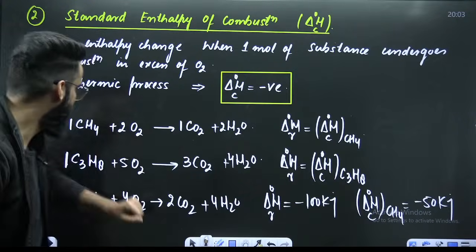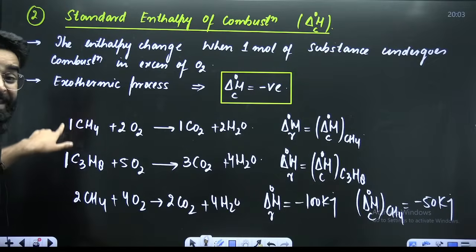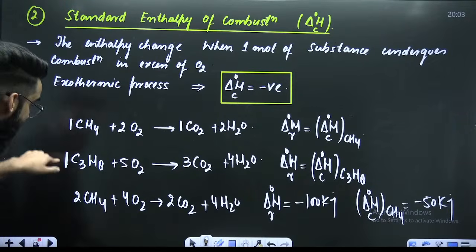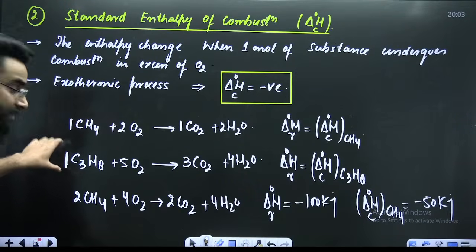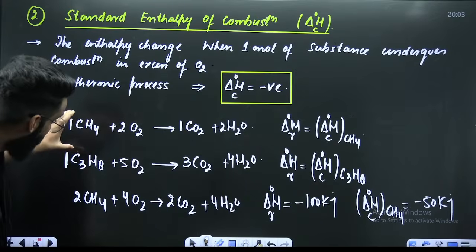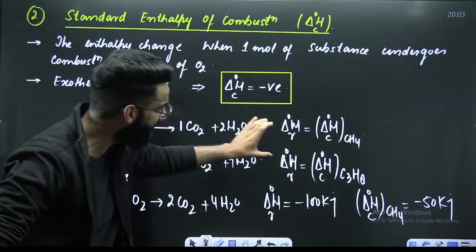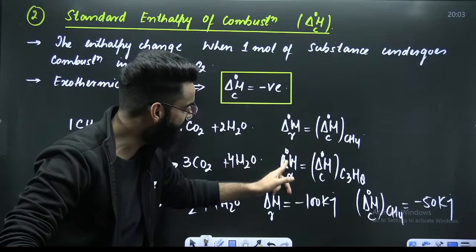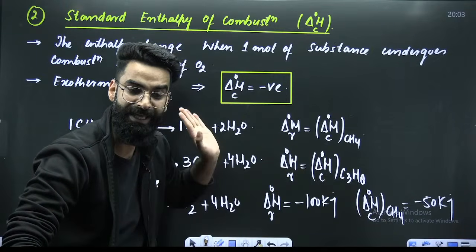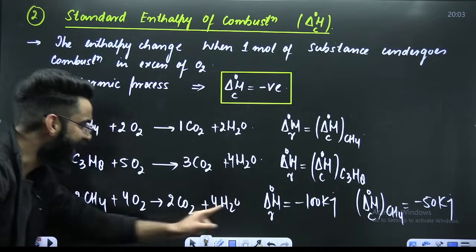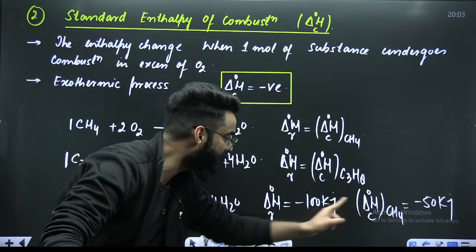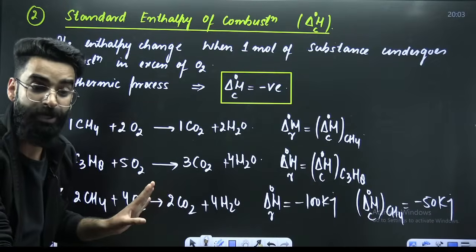If you look carefully, here 1 mole of methane was undergoing combustion. Here 1 mole of propane was undergoing combustion. And in both these reactions, where 1 mole of substance was undergoing combustion, enthalpy of reaction and enthalpy of combustion are equal. But in the last case, is the enthalpy of reaction equal to the enthalpy of combustion? They are not equal.